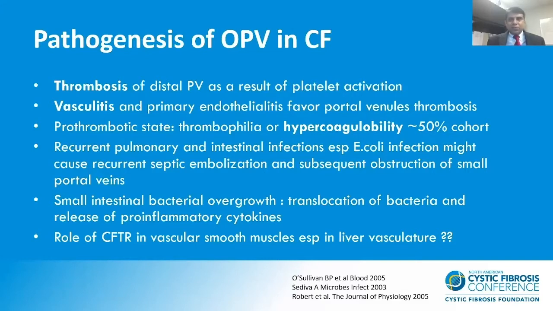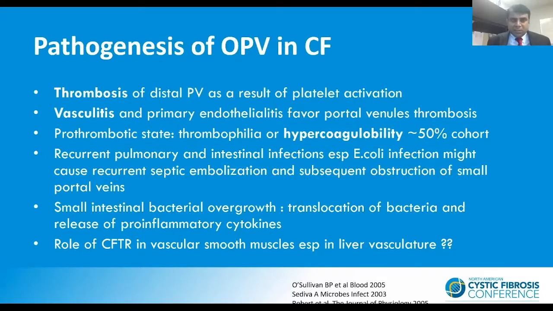Could lack of CFTR cause increased vascular tone or narrowing of the vasculature, especially in the liver, especially the portal vein? We don't know the answers to this question. Ivacaftor has been shown to reduce vascular tone in major arteries, but we don't know the effects of these modulators in liver vasculature.